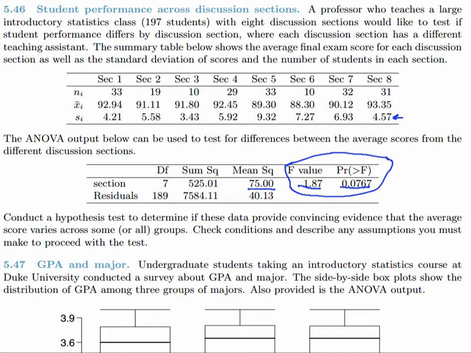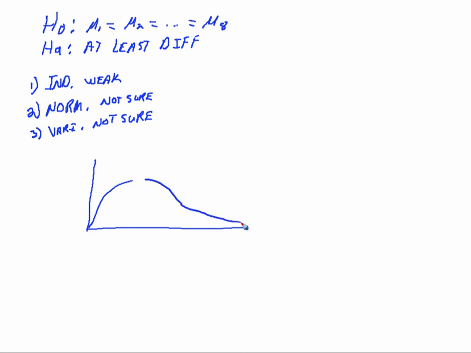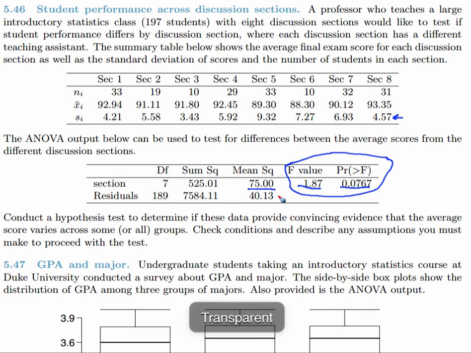So what do we need those numbers for? Well, let's give ourselves a representative F distribution here. Remember that the F value is the ratio of mean square group to mean square residual, and we see that the corresponding F statistic was 1.87.